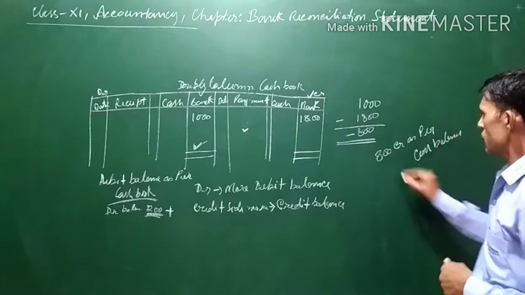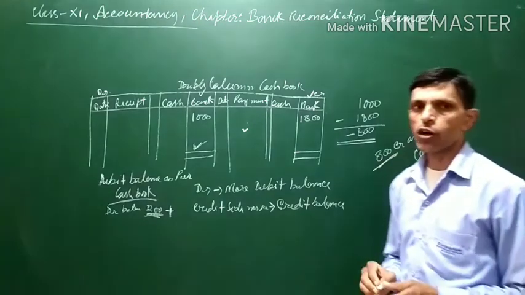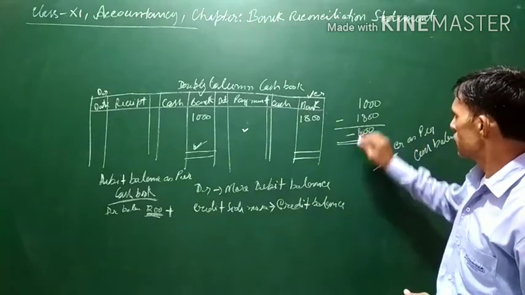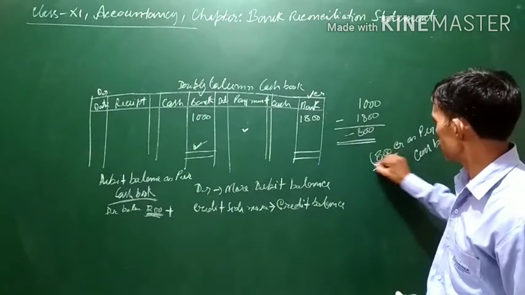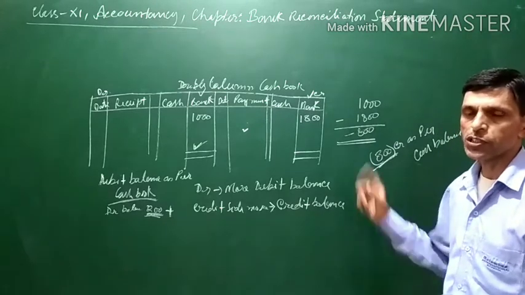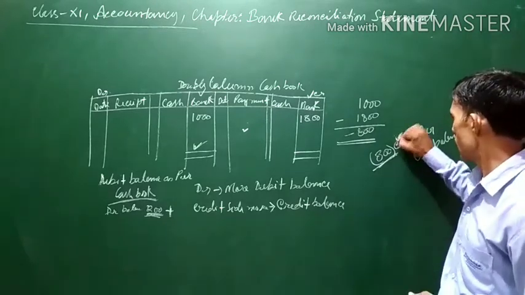One more thing to be kept in mind is that in accountancy we do not mention a negative amount with a minus sign, but it is written in brackets. The bracket refers to the amount being negative, that is, it has a credit balance.